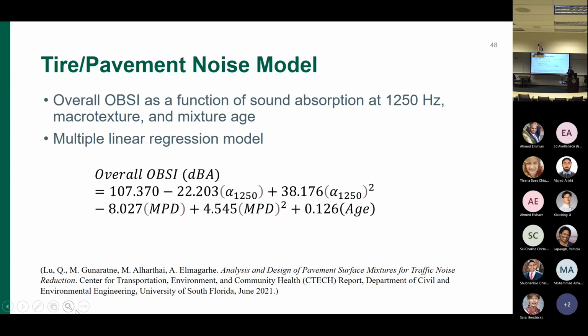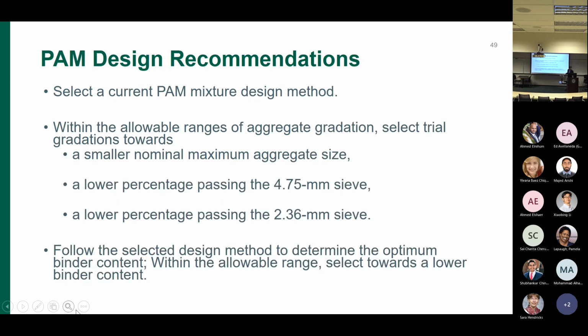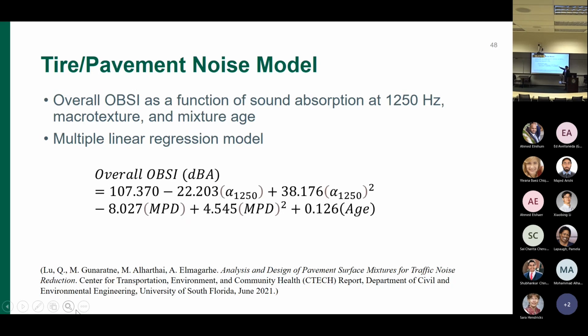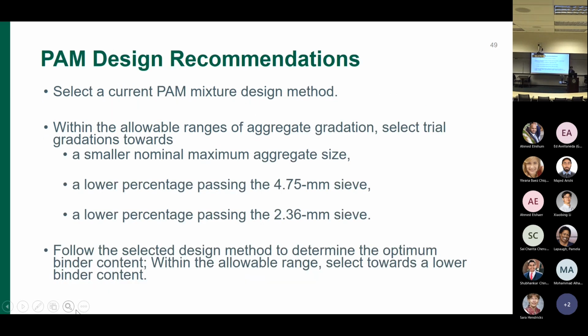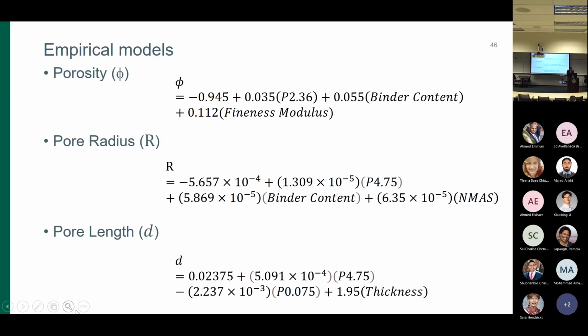With this, we can plug in the model for the sound absorption coefficients and the mean profile depth that we developed in the previous slides, so that now we can predict the actual noise that is measured in the field from the mix design parameters in terms of maximum aggregate size, binder contents, the fineness modulus, some percentages passing the number 4 and number 8 sieve sizes, and also layer thickness.